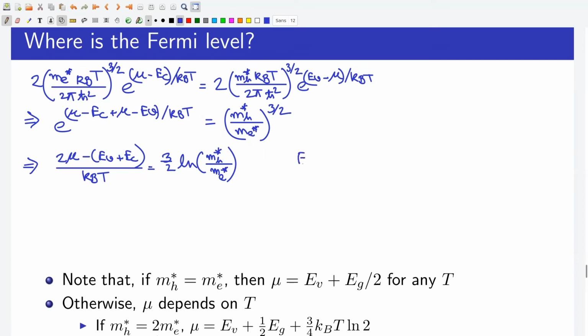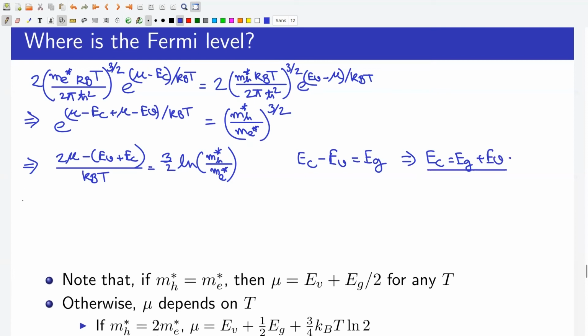Now Ec, that is the energy at the conduction band minimum, minus Ev, which is the energy at the valence band maximum, is equal to the band gap, which implies that Ec is equal to Eg plus Ev.